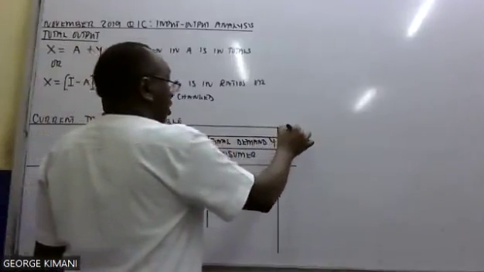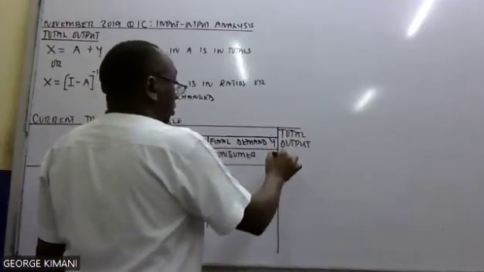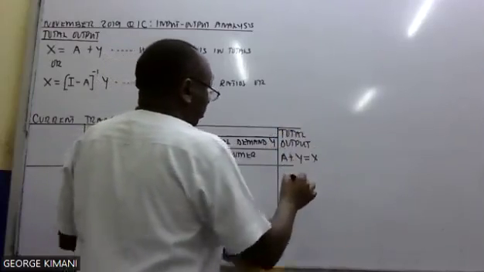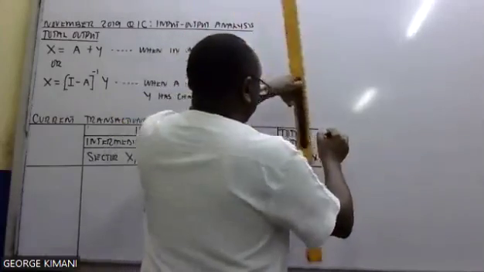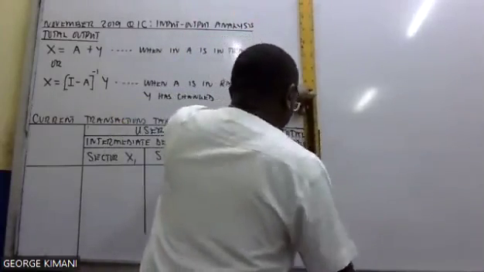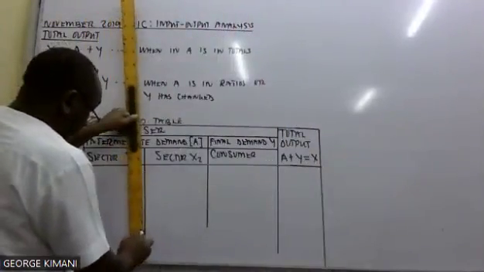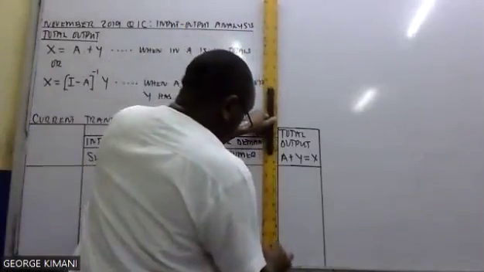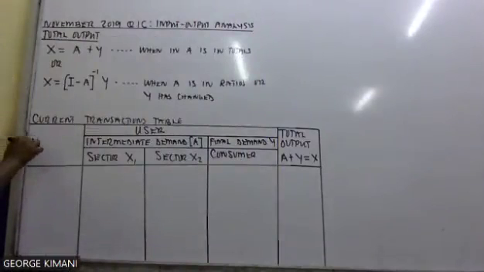Now this is total output, which is A plus Y equals X. So I have details here.